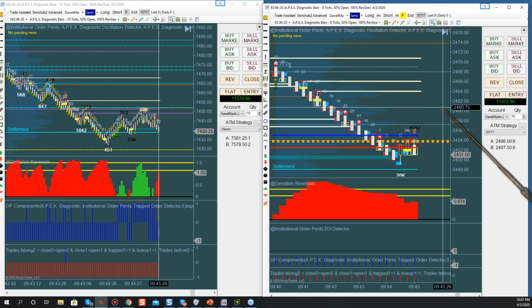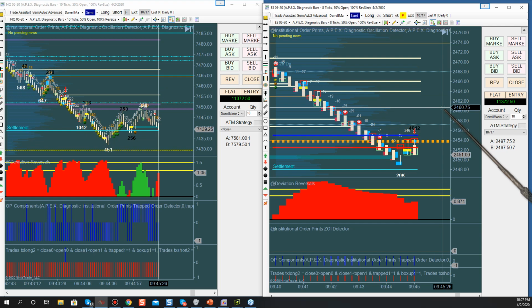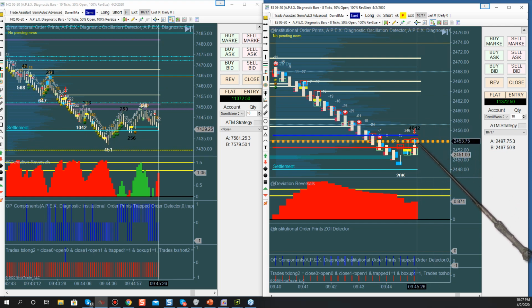All right. So we got a short here, coming off a dynamic magnet level. Got room between it and ES's settlement. Do we take it?